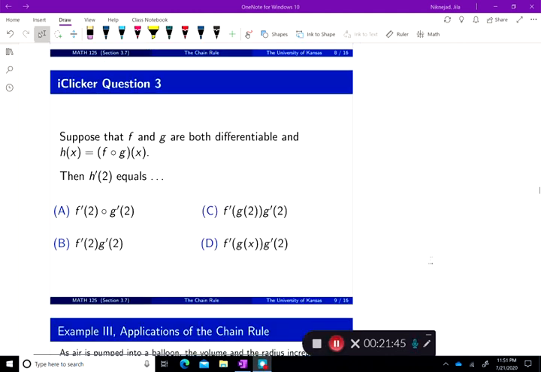I click here, question 3. Suppose that f and g are both differentiable and h of x is equal to f of g of x.